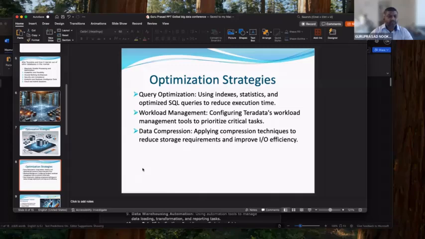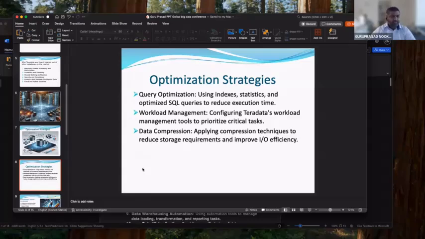This ensures that high priority queries are prioritized while preventing resource starvation for lower priority tasks. So you can prioritize the queries on your database based on the level of importance for the query and the data in your business.